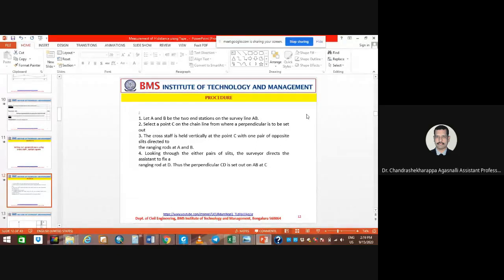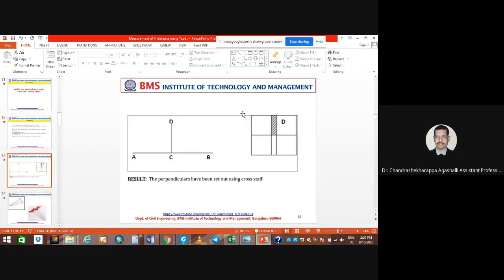Looking through either pair of slits, the surveyor directs the fixing of the ranging rod at D. This perpendicular CD is set out at C on AB. Here you can see this is your AB points, and this is your intermediate point.